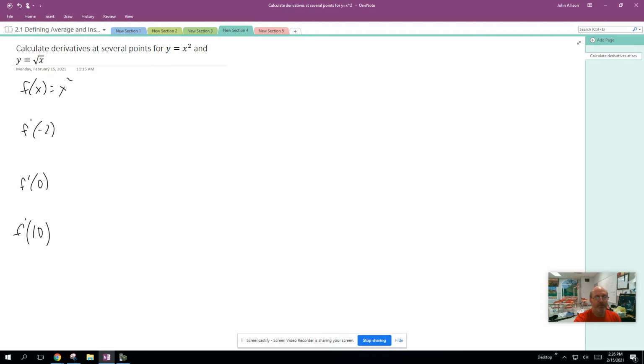Recall the limit definitions of the derivative. If we want to find the derivative at a point, we call it f prime of a, which represents the derivative at x equals a. We can find that using the limit as h goes to 0 of f of x plus h minus f of x all over h.